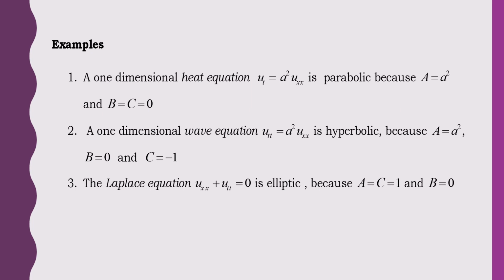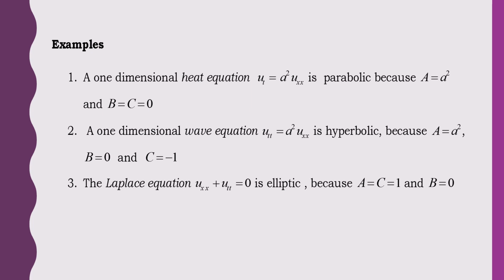F equals 0. To find the discriminant, we require only the values of capital A, capital B and capital C. In this example, capital A equals small a square, capital B equals 0 and C equals 0. If we find b square minus 4ac, then we get b square minus 4ac equals 0 for this one-dimensional heat equation.